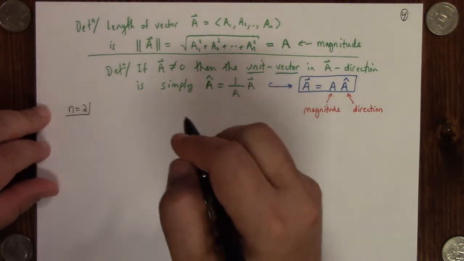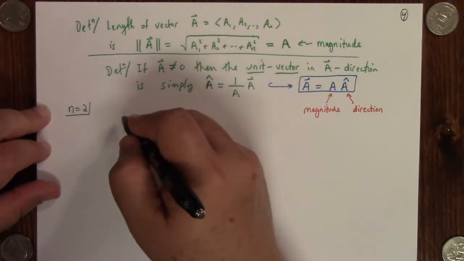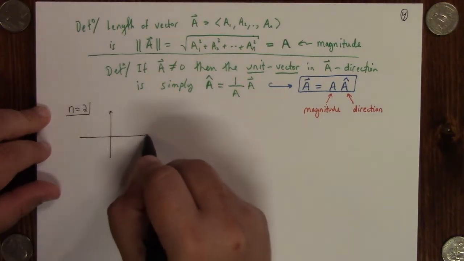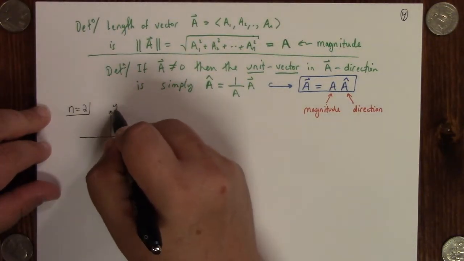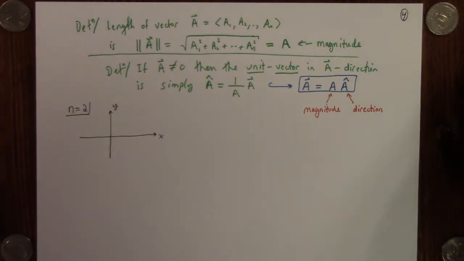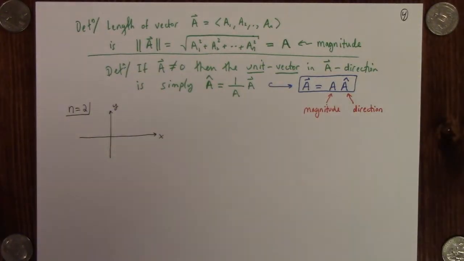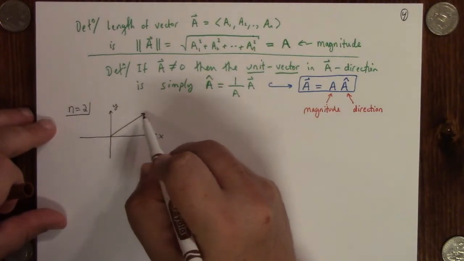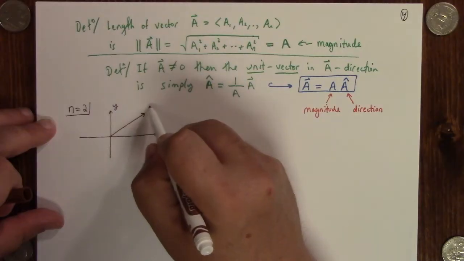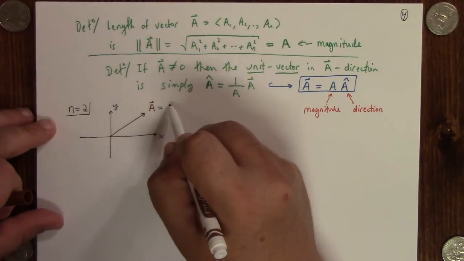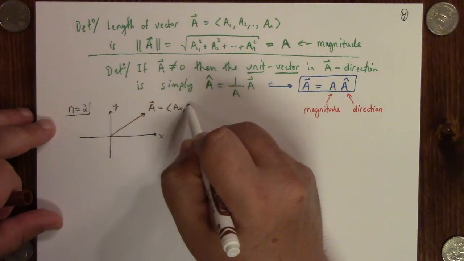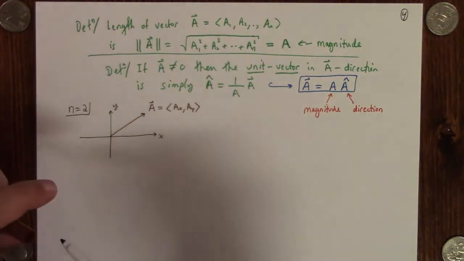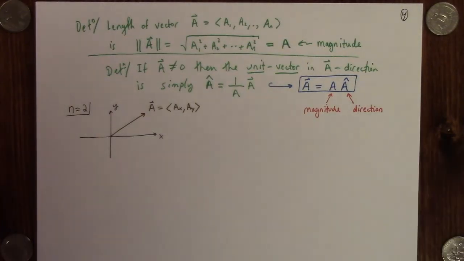So if I draw the axes like this, x and y, and picture a vector A in the first quadrant, I'll use AX and AY for the labels of the components this time. Sometimes I use 1 and 2, sometimes sub x, sub y. There are different choices.